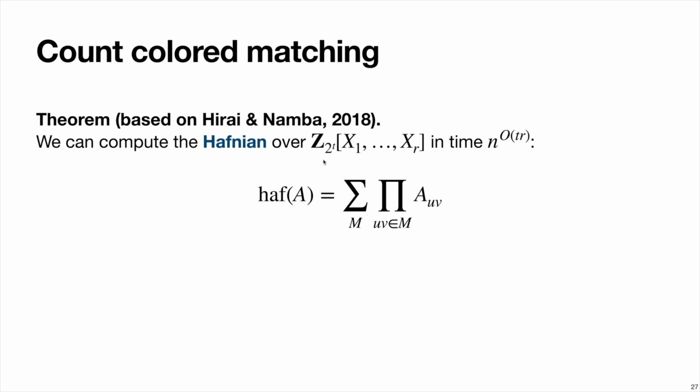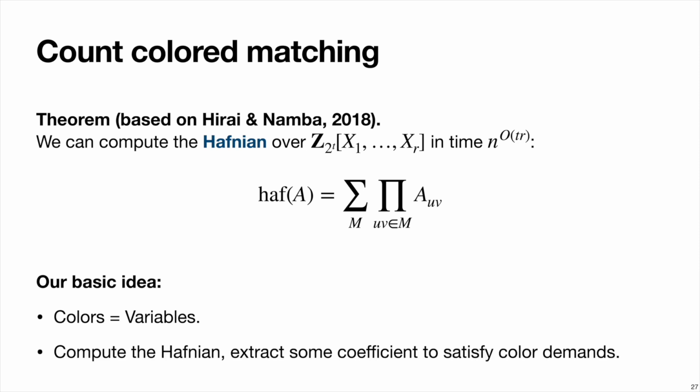And this theorem shows that we can compute the Hafnian, which itself is a polynomial from this ring, in this time. Our basic idea for counting colored matchings from this point is to, in a way, identify colors with variables and to compute the Hafnian, and extract some coefficient, and extract it in such a way that the color demands from the colored matching are satisfied.